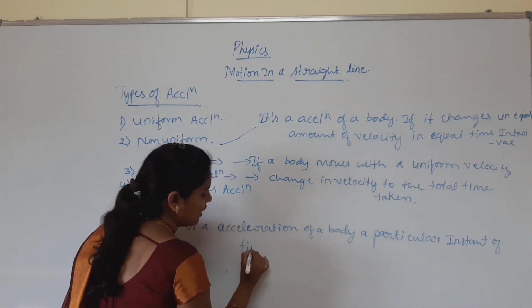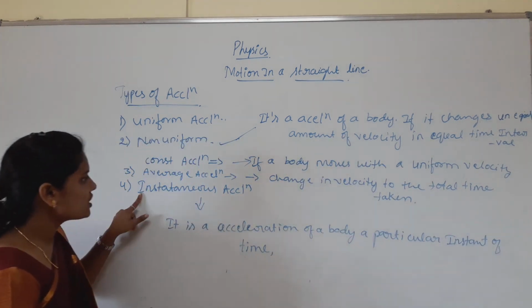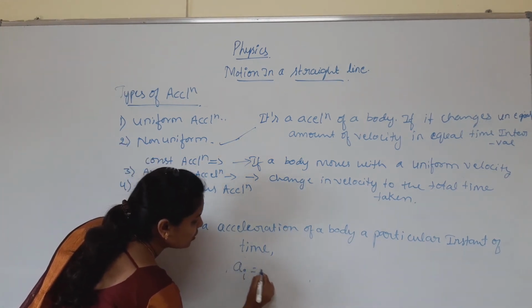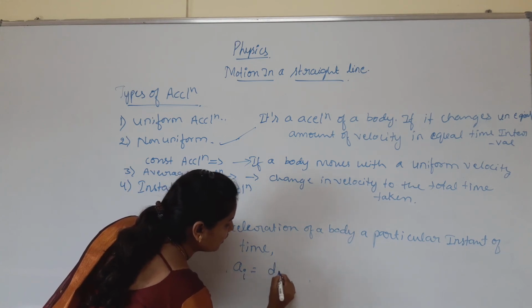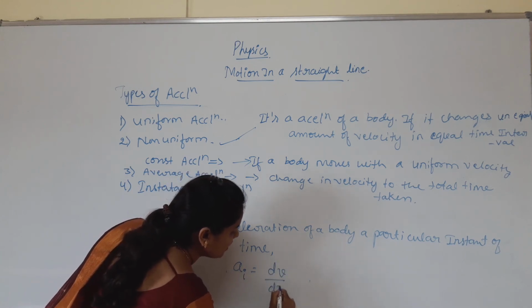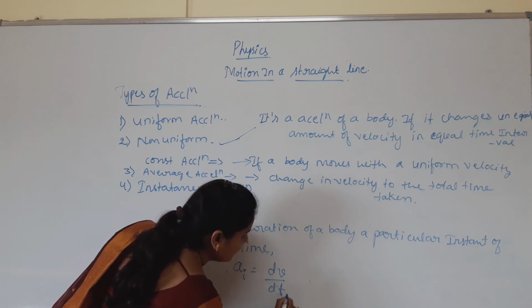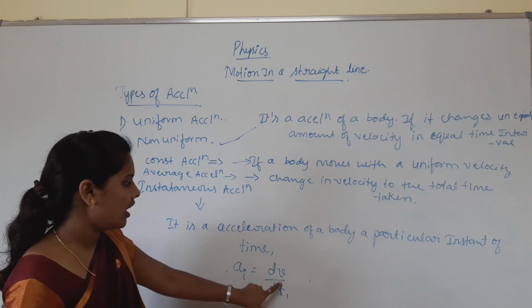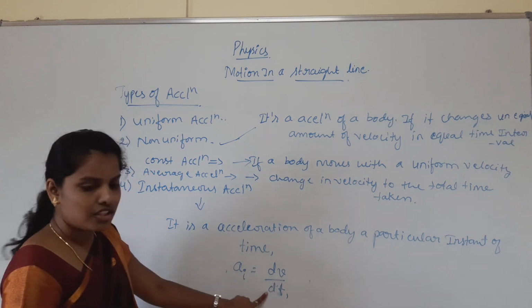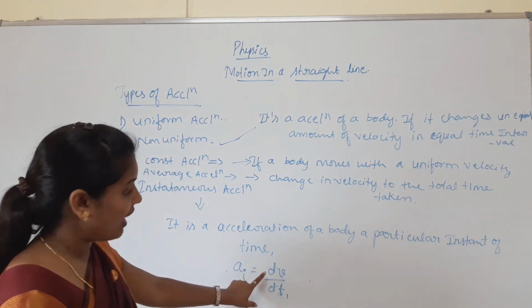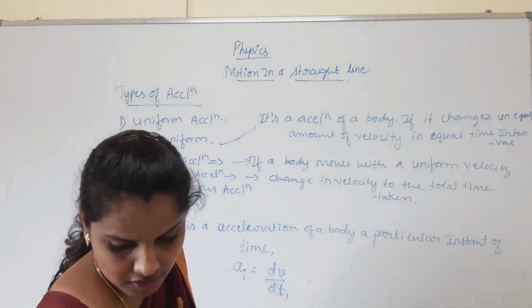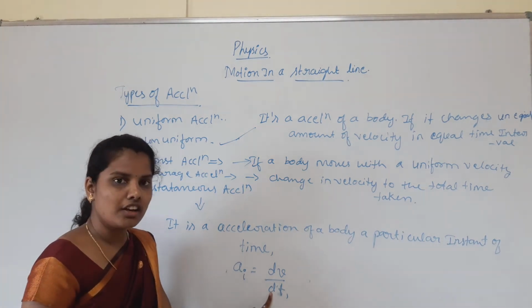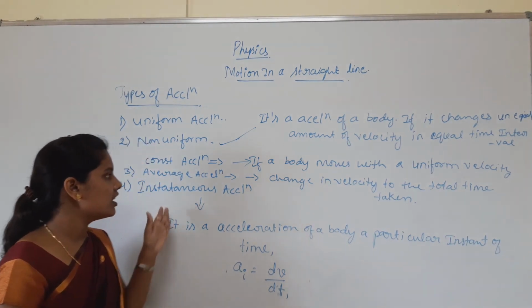It is denoted by a_i equals dv divided by dt. It is the change in velocity at an instant of time. This is called instantaneous acceleration.